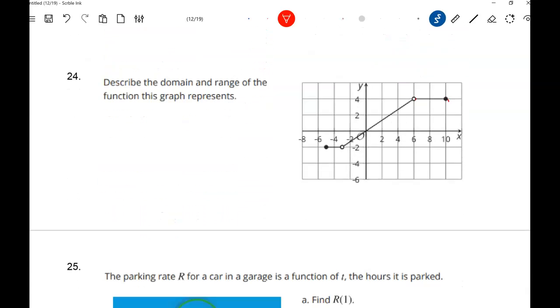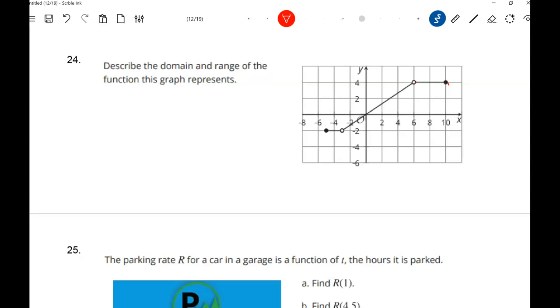Okay. So the domain of a graph, number 24 says, describe the domain and range of the function this graph represents. The domain of a graph is the start to finish, right to left. So it starts at -5 and goes all the way to 10, but there's not a point on 6 or on -3.